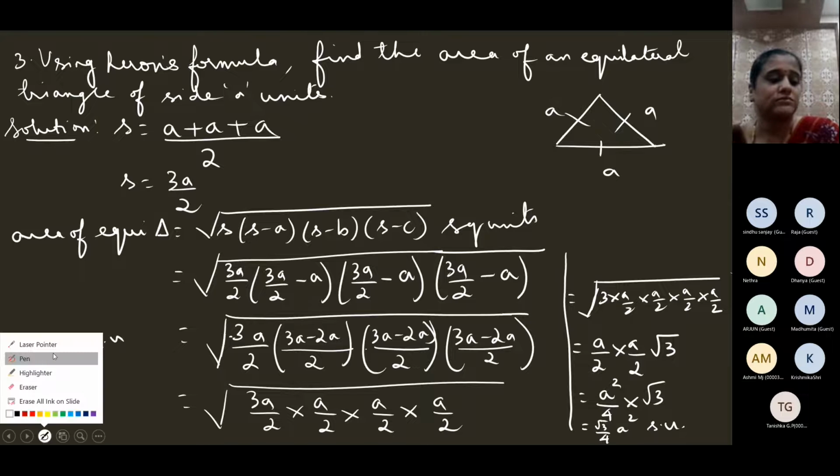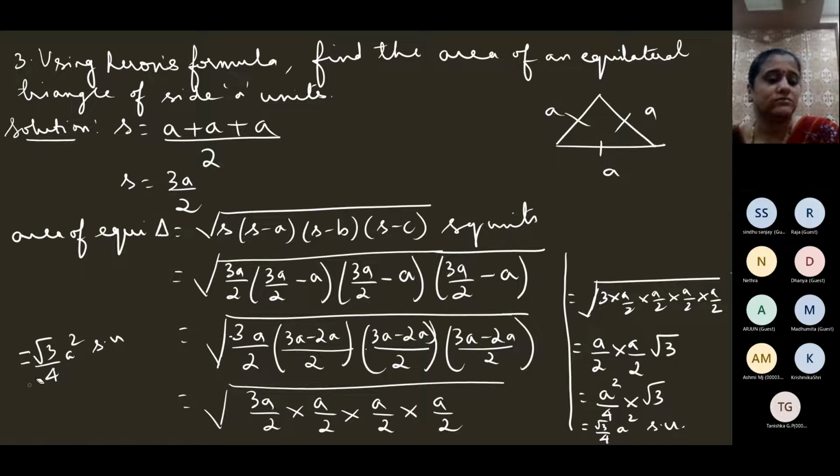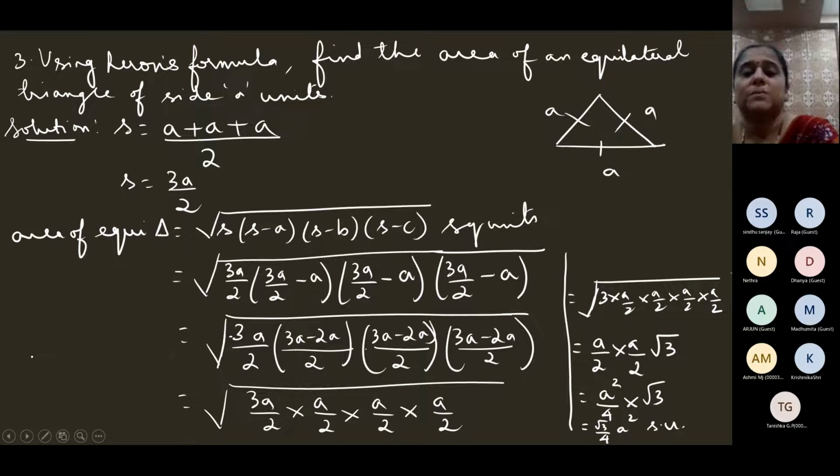Write down. So this is how we derive the formula to find the area of an equilateral triangle of side A units using Heron's formula.